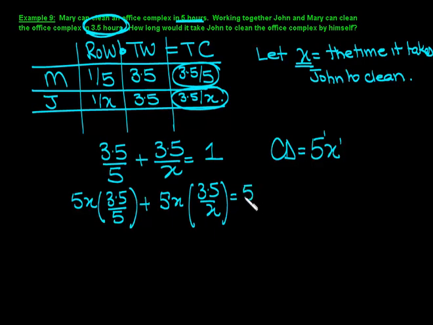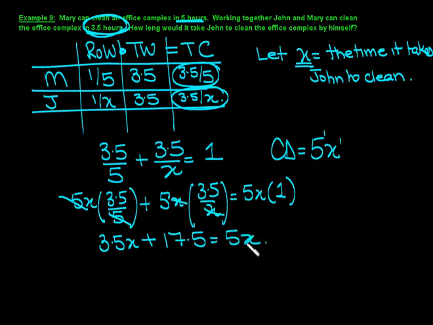Out here the 5's cancel, so we get 3.5x plus the x's cancel here, and then we'll have to multiply that out. Okay, so we'll end up with 17.5 is equal to 5x.